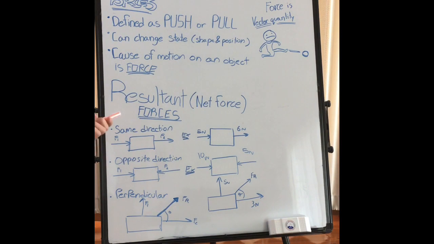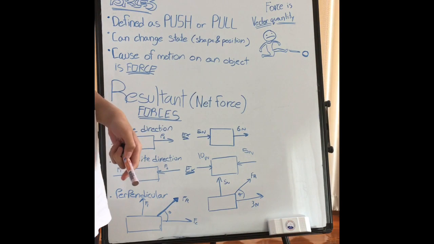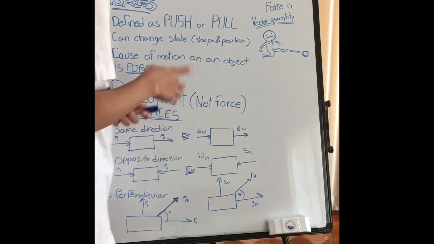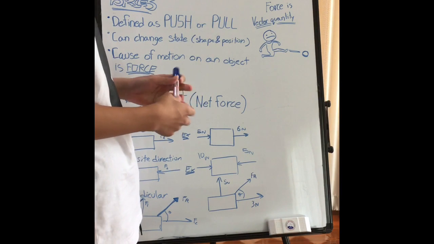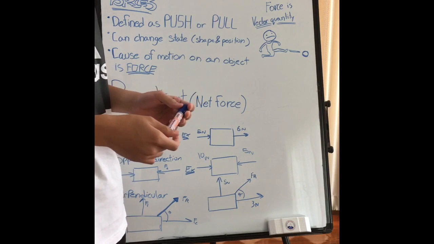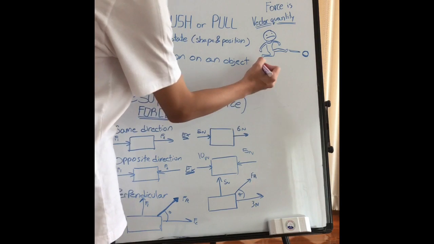The cause of motion of an object is always a force. And remember, force is a vector quantity because it has both magnitude and direction. And the unit of force is Newton.